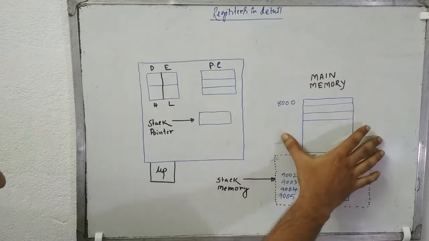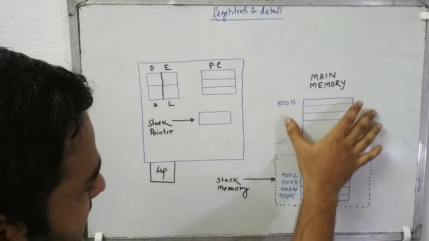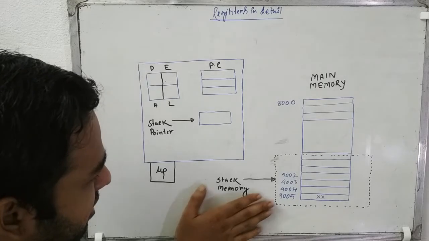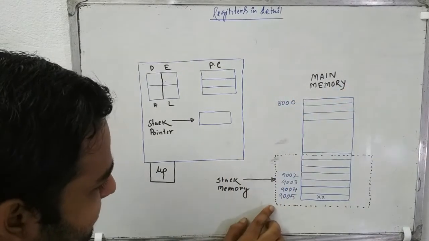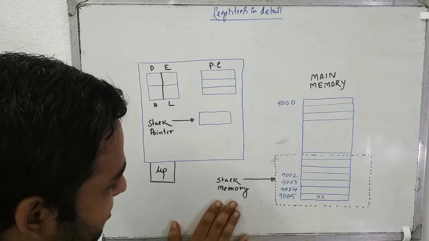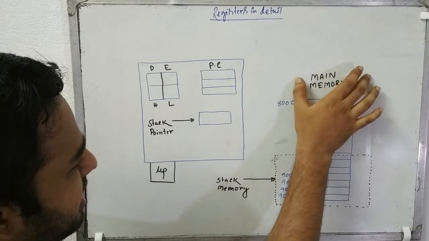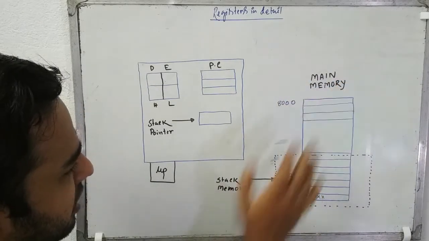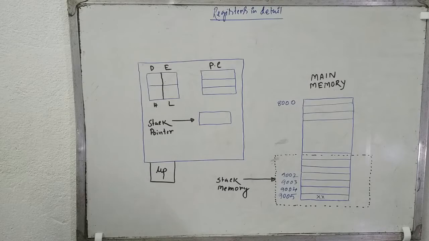Now if you come here, you will find the main memory that I have drawn, and this is the stack memory which is a part of main memory. By this black dotted line, I have segregated the stack memory from the main memory. That means stack memory belongs to the main memory.